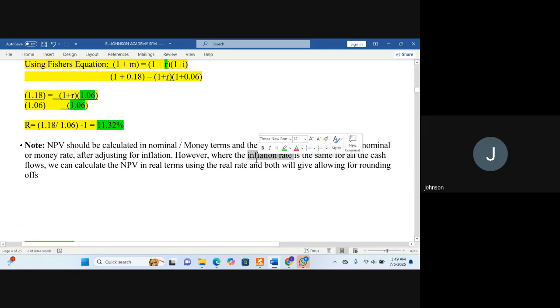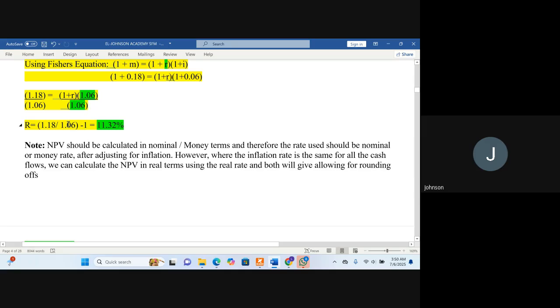So now they are expecting that you should use your inflation rate to increase your cash flows. But since the cash flows have one inflation rate, then you can decide, let me not even inflate these cash flows at all. Rather than that, let me check my cost of capital. Is my interest rate inflated? If it's inflated, then you take away inflation from your cost of capital instead, so that you calculate your NPV without inflation at all.